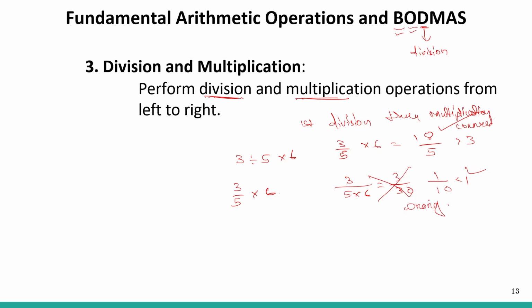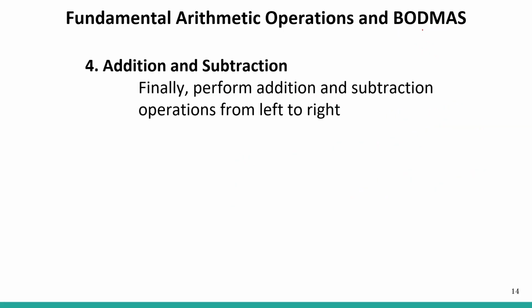Let's move forward to the next part. We are done with D and M, and what we are left with is A and S. The fourth rule in the BODMAS rule book is addition and subtraction. First we do addition and then we go for subtraction.